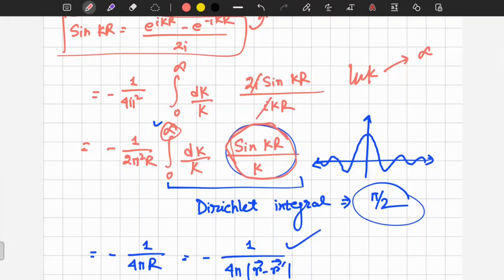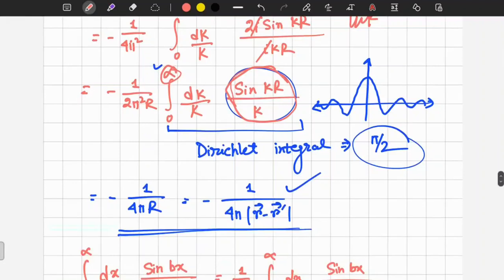We can do that, but the problem here is that this integral is 0 to infinity, not minus infinity to infinity, because this is an odd function. If this is dk by k square into sine kr, earlier it was okay. I want to see if we can evaluate it in the complex plane.